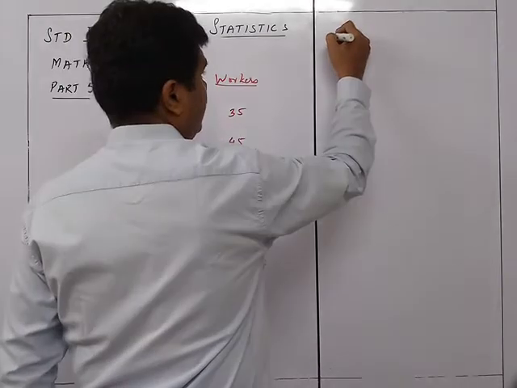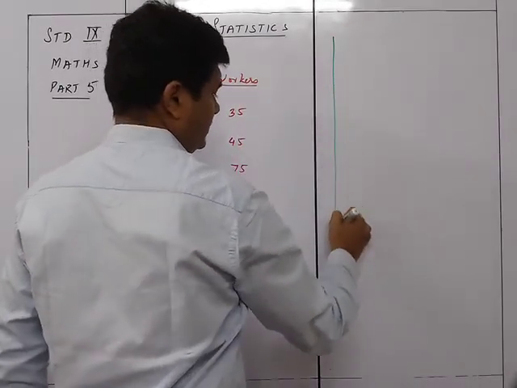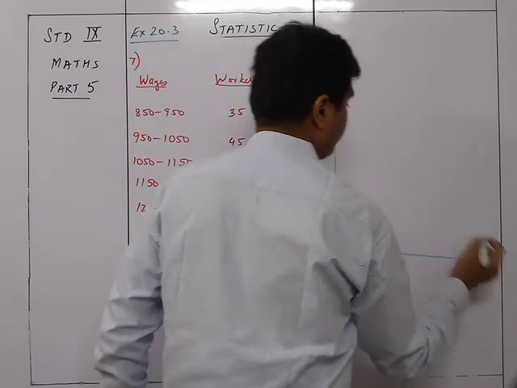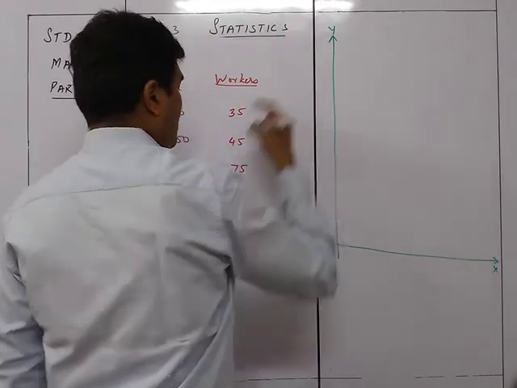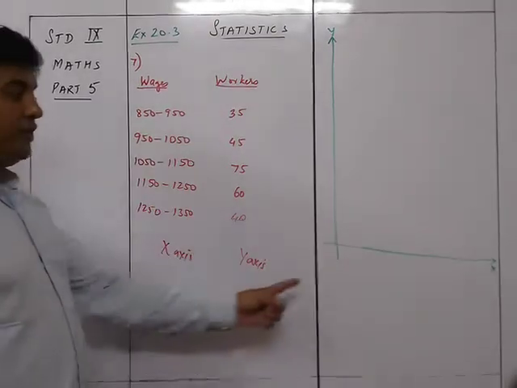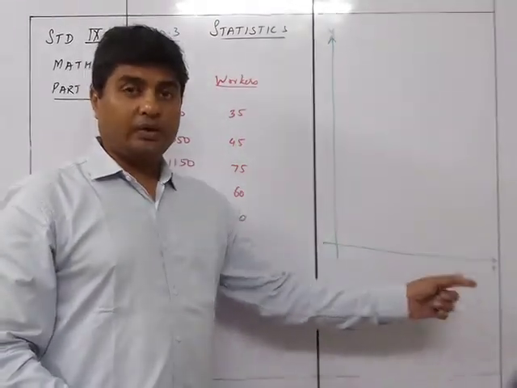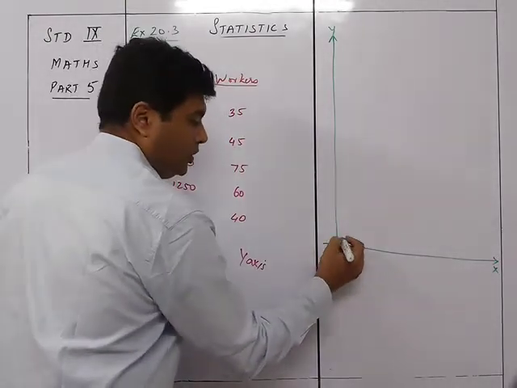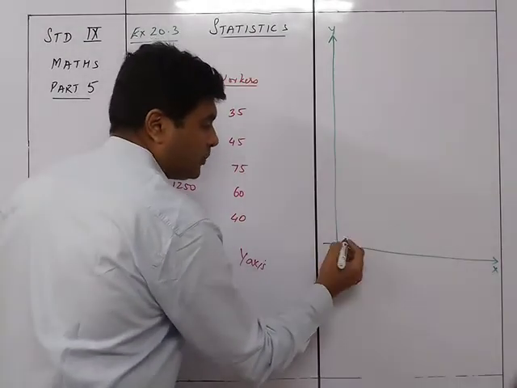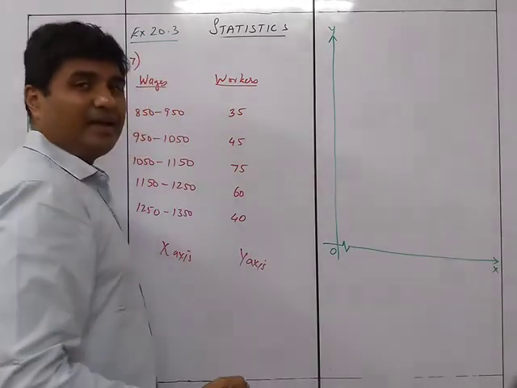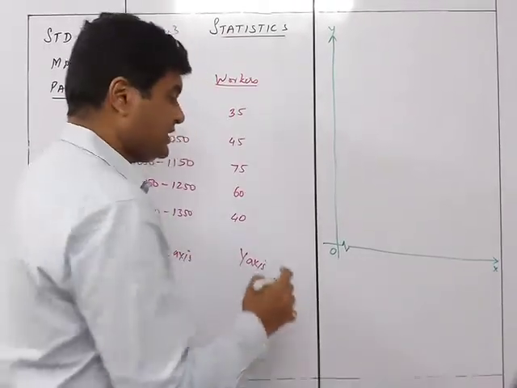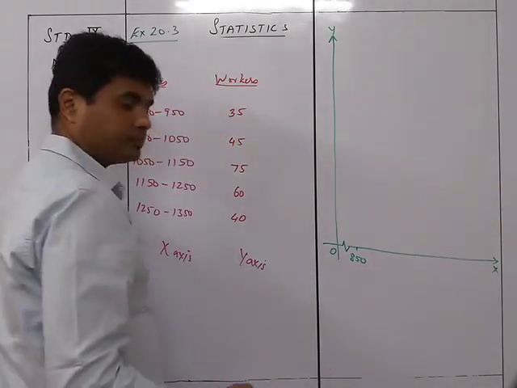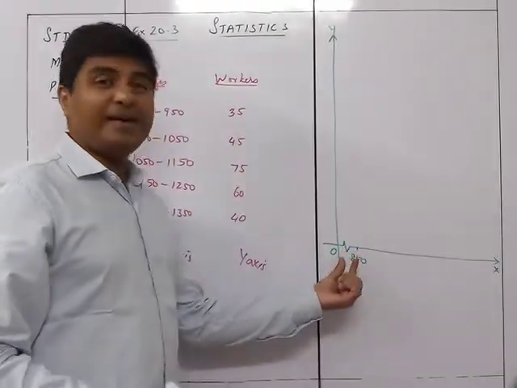So the graph will be, first of all, the y-axis and the x-axis. Now because these are continuous data, we will need a continuous scale over here, but it starts with 850. So if this is 0, here I will have to put a kink. The kink is to give a break, and hence I'll start from there as 850. That means that this much part is not to scale.